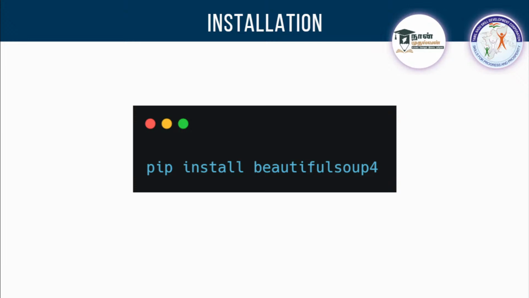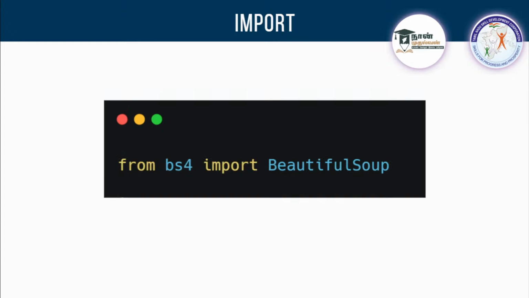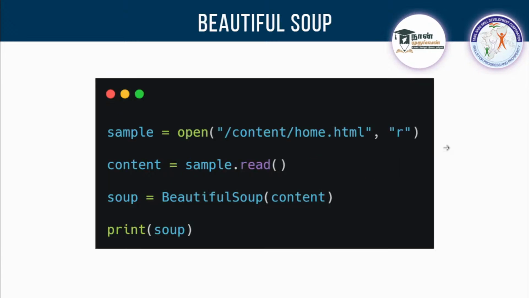If you want to use Beautiful Soup, you have to install this library: pip install beautifulsoup4. Once you install it, you can import it from bs4. You can import the class BeautifulSoup, where the B and S are in capital letters. By creating an object of this, we can do the scraping process.